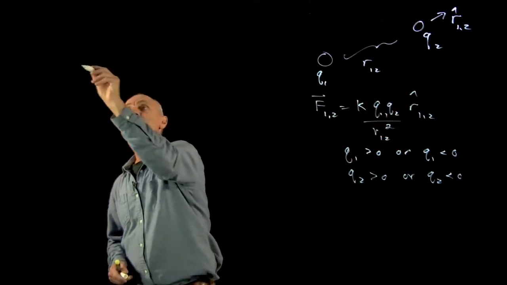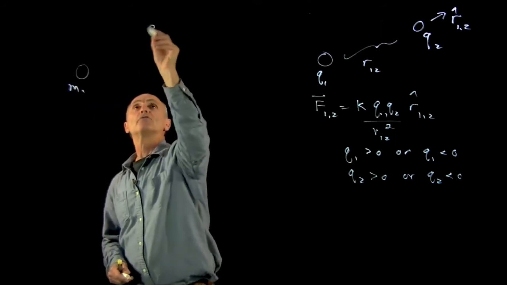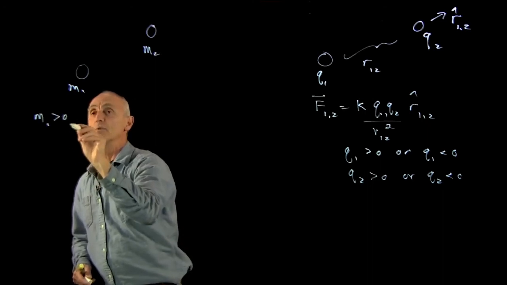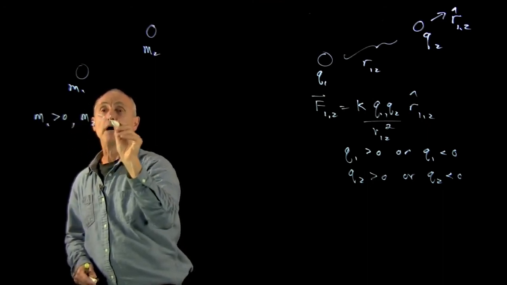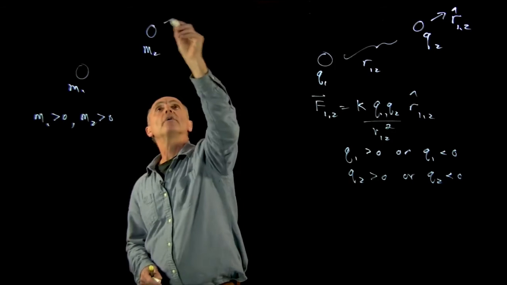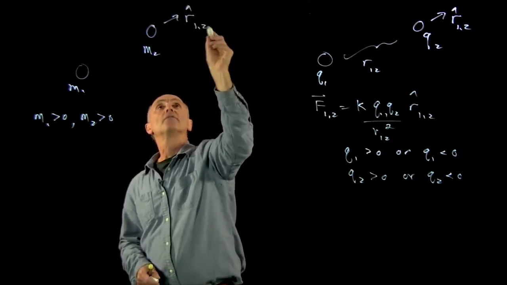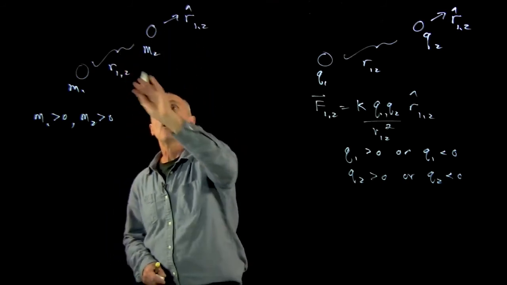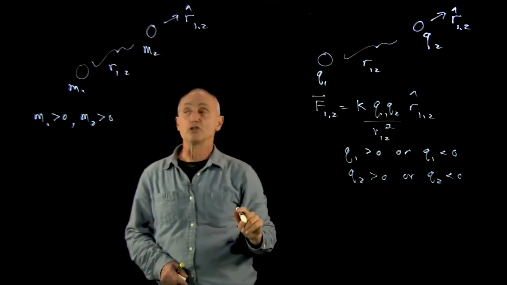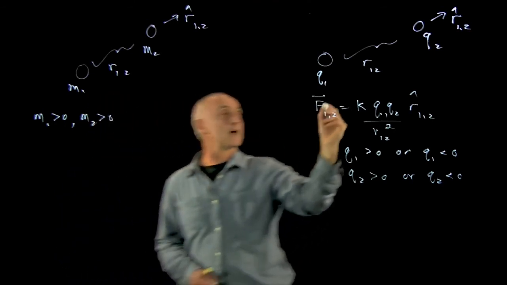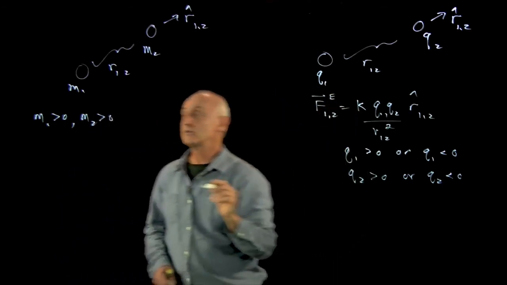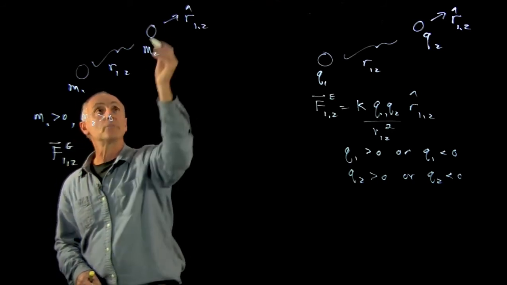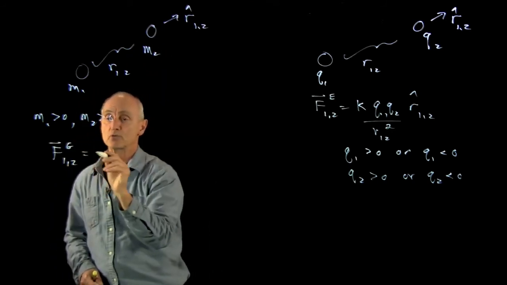Now, let's look at the analogy with gravitation. If we have two masses, m1 and m2, remember, mass, as far as we know, can only be positive. And so if we introduce exactly the same notation, r1,2 is the distance between these two objects, then let's write the gravitational force on object 2 due to the interaction between objects 1 and 2.